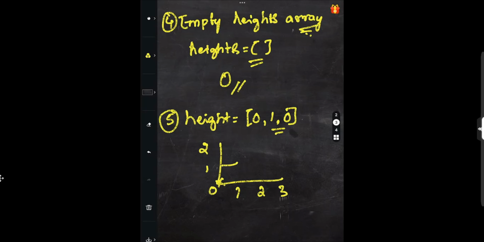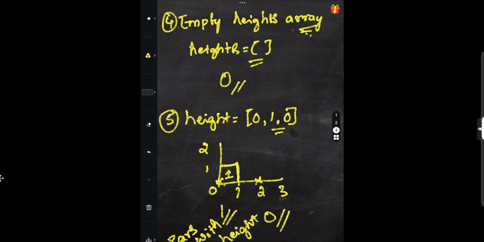The second one will be 1, height of 1. The third one will again be 0. The largest rectangle that is formed is this one, and here we have 1. So the output will be 1 here. So this is for the condition bars with height 0.